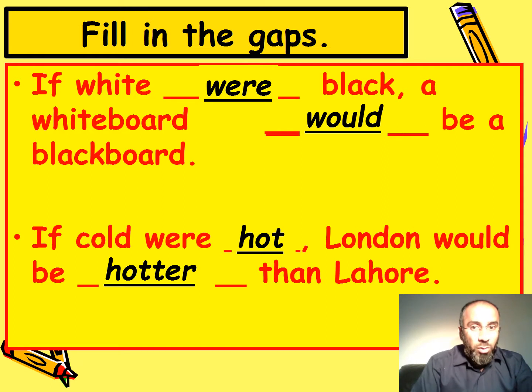And also in real world, London is not hotter than Lahore, because London is colder than Lahore. Okay, it's very cold in London. But here, are we talking about real world? No, we are not talking about real world. We're talking about topsy-turvy world. Remember that.